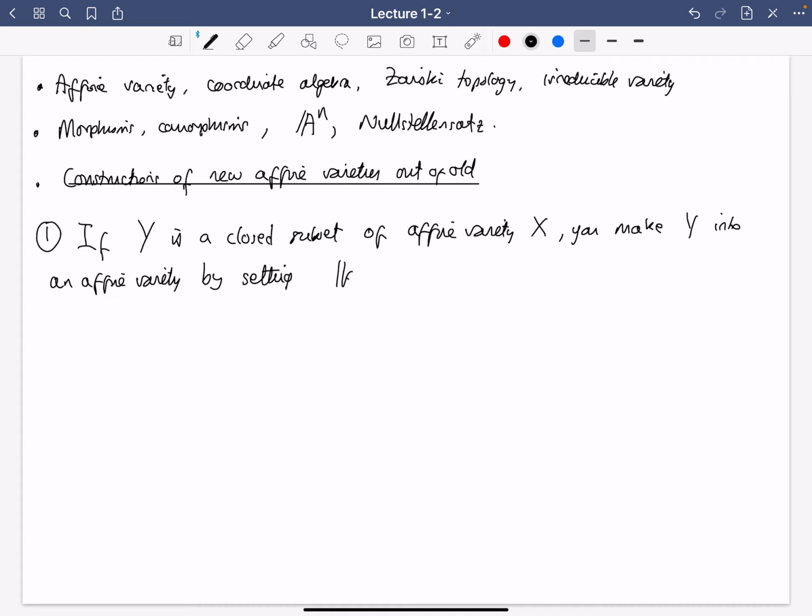And all you have to do is define the coordinate algebra of Y. This is the definition of the functions. Remember, an affine variety is a pair, a set, and then a collection of functions on that set. So the collection of functions, well, they're the functions f restricted to Y for all f in the coordinate algebra of X. So the given good functions on X, and they're just the functions on Y that you obtain by restricting.